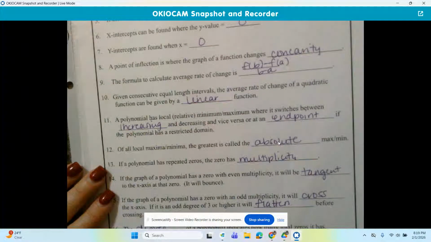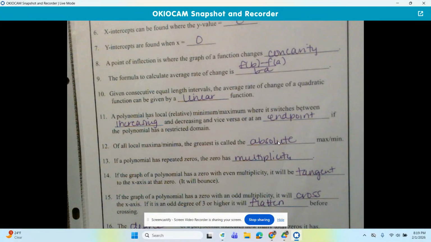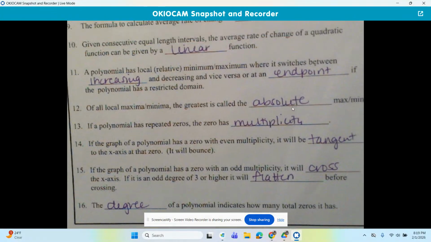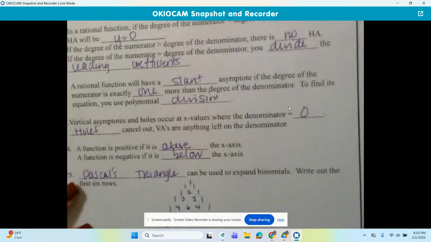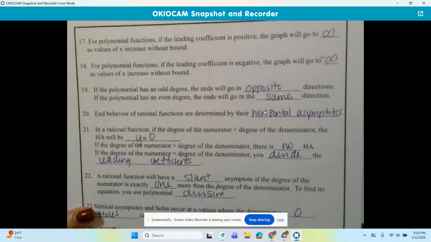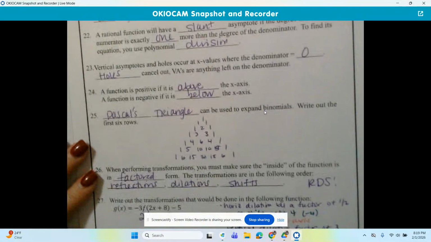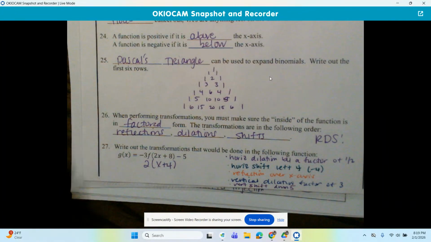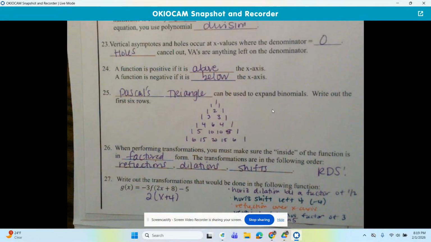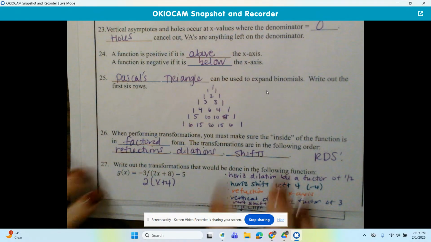The front page is on Canvas. I don't think I put the second page on Canvas, so I'm gonna flip that over. All right, again, just pause it, fill in what you need to. Okay, here's the top and the bottom. All right, and I'll try to get that uploaded.